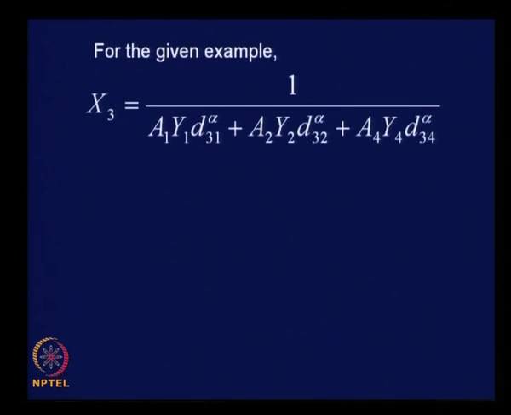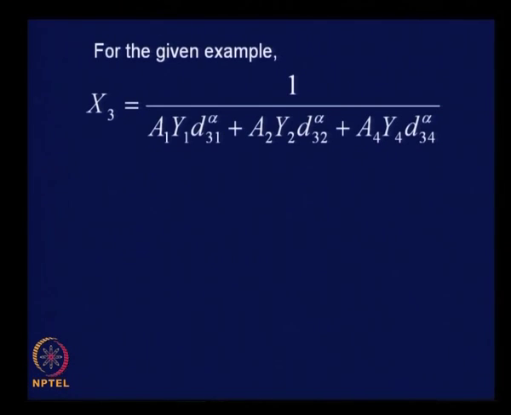Zone 3, as I said earlier, is connected to which other zones? 1, 2 and 4. That is how we are dealing with d31, d32 and d34. Clear?